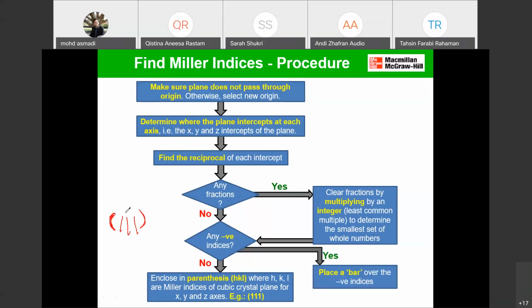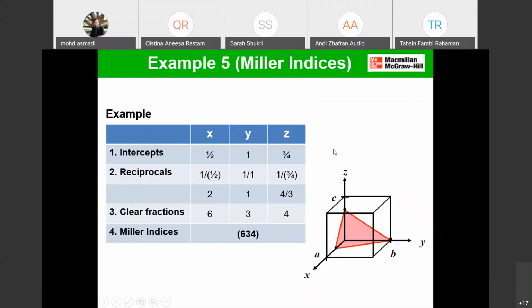If there is a negative, you should put a bar on top of the number. Please remember this difference: this one is for Miller indices, and the square bracket is for the direction indices.